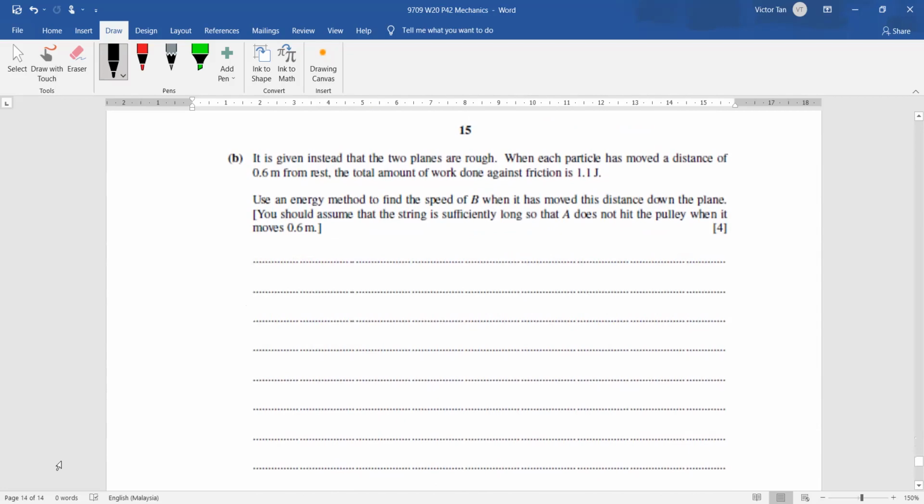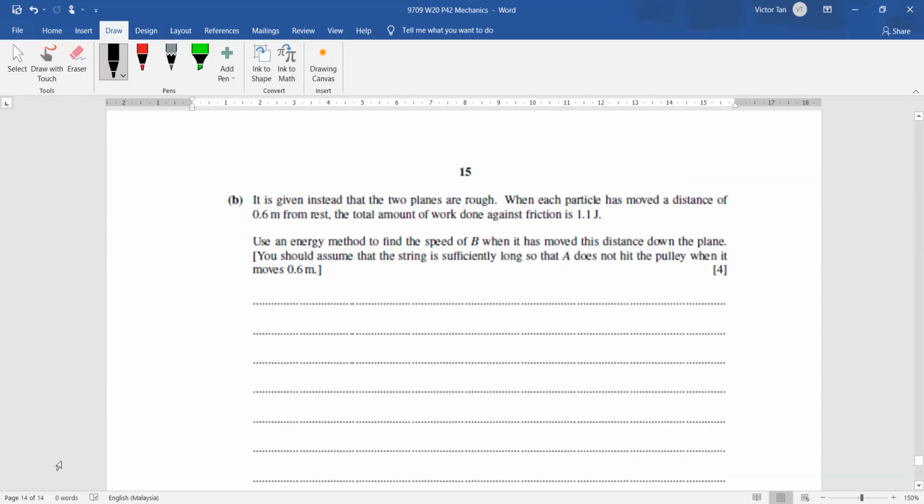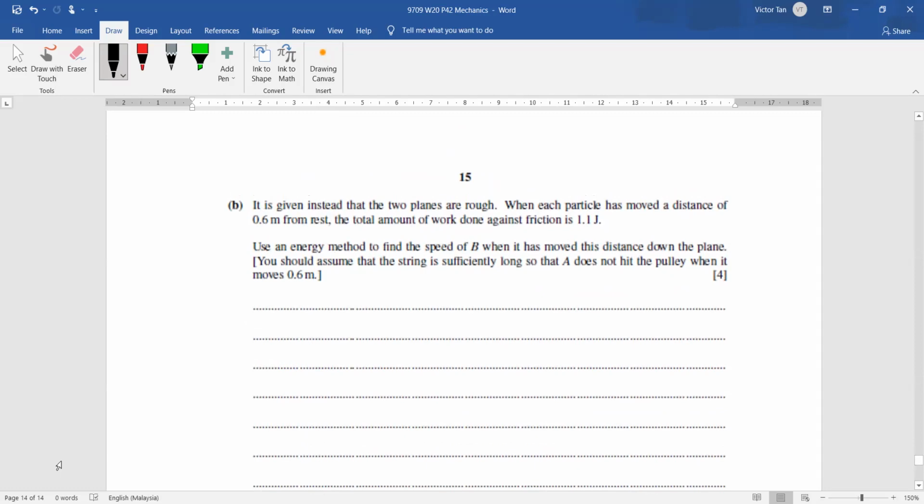It is now said that the two planes are rough. When each particle has moved a distance of 0.6 meters from rest, the total amount of work done against friction is 1.1 joules. Use the energy method to find the speed of B when it has moved this distance down the plane.